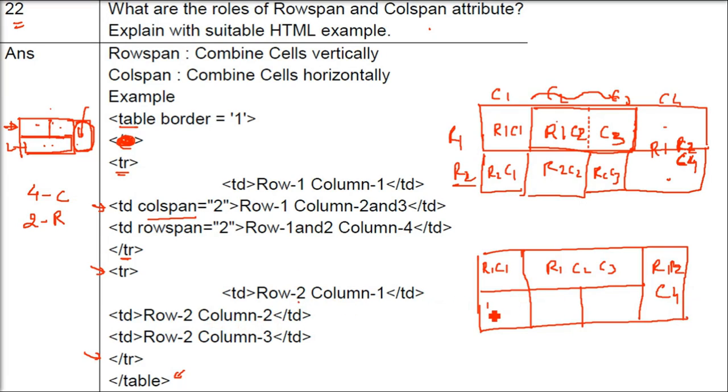This is going to be row 2, column 1. This will be row 2, column 2. This will be row 2, column 3. So this is how you have to do this. We combined with colspan, so two columns are combined. In the rowspan, 2 rows are combined.